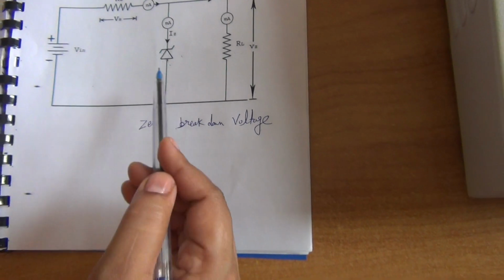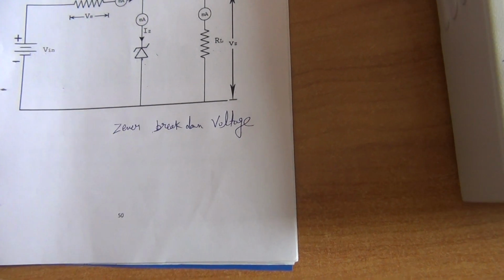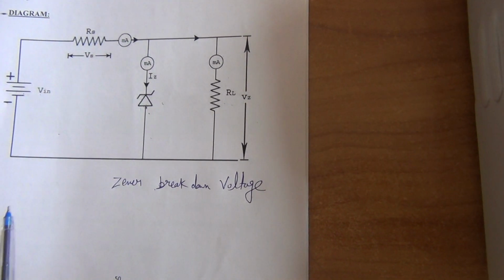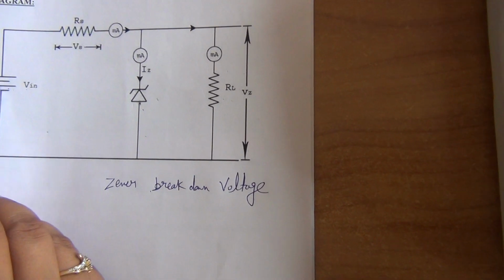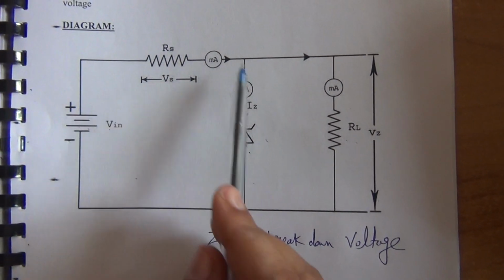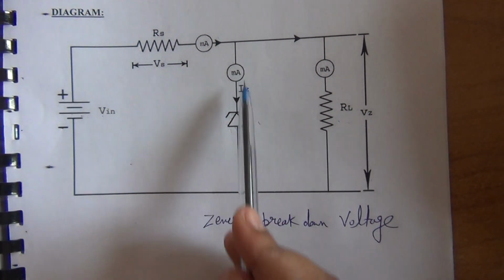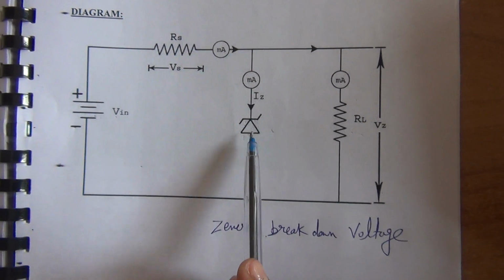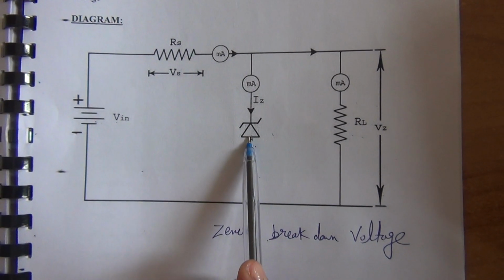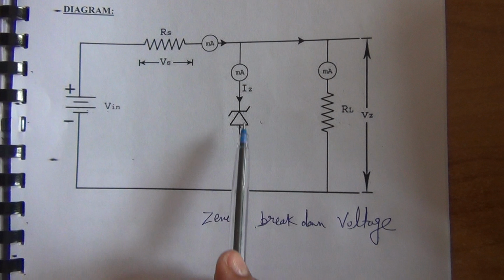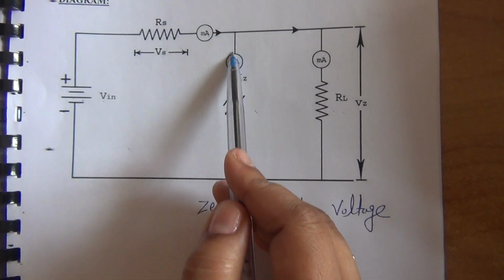So again I am going to repeat the basic mechanism. When the input voltage exceeds the Zener breakdown voltage in reverse condition, it will conduct and open the path.